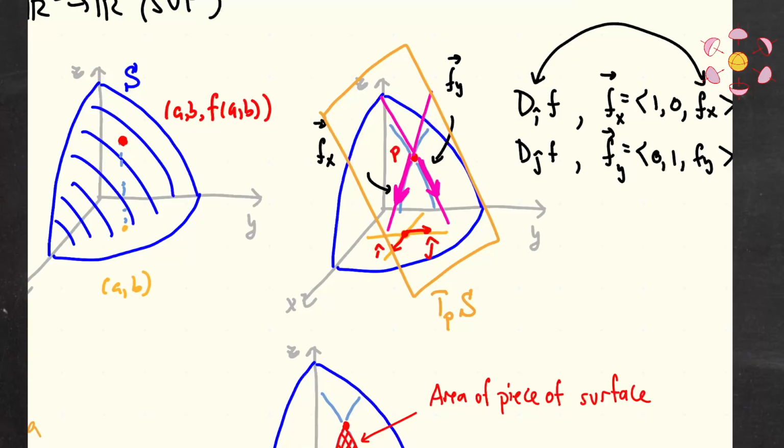When we consider the tangent plane, remember the tangent plane contains all vectors that are tangent vectors to curves living on the surface. So if I draw another curve over here, and look at that tangent vector, you have to use your imagination here, that vector lives in this tangent plane as well.